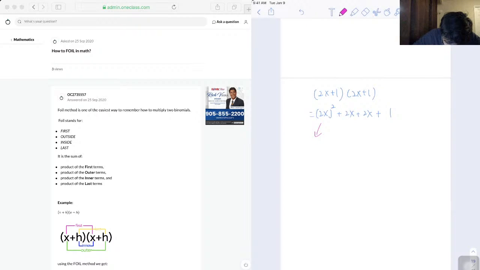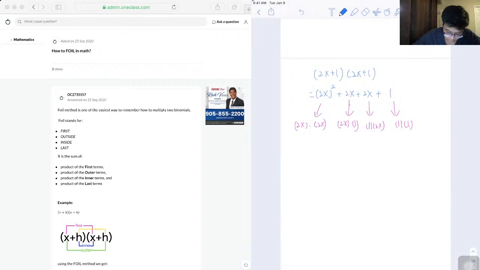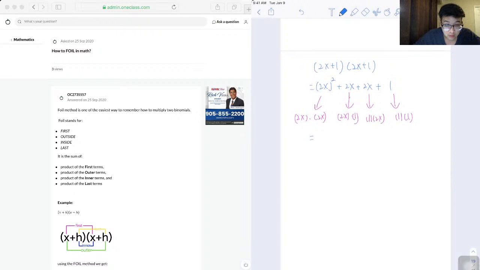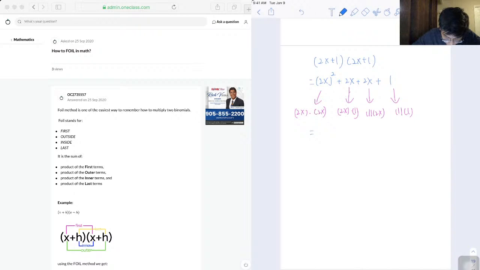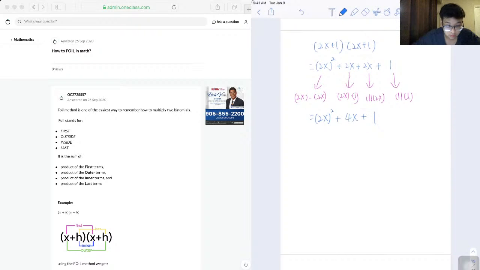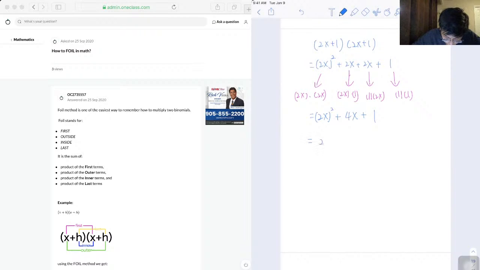So this is from 2x times 2x. This is from 2x times 1. This is from 1 times 2x. And this is from 1 times 1. Right. So we can also rewrite this in this form: 2x squared plus 4x plus 1, which is also equal to (2x + 1) squared.